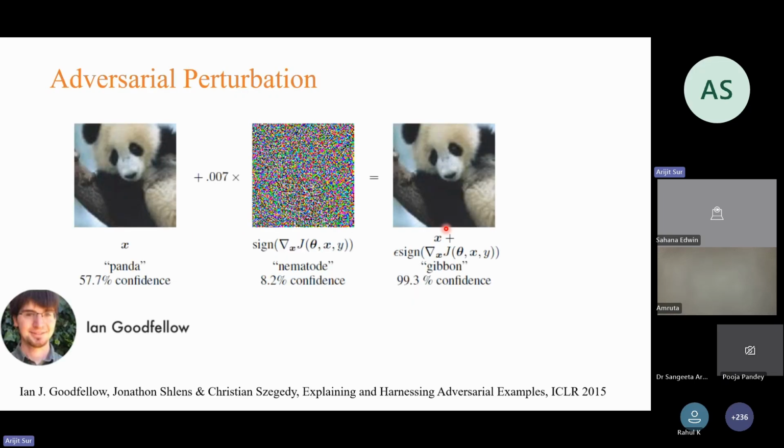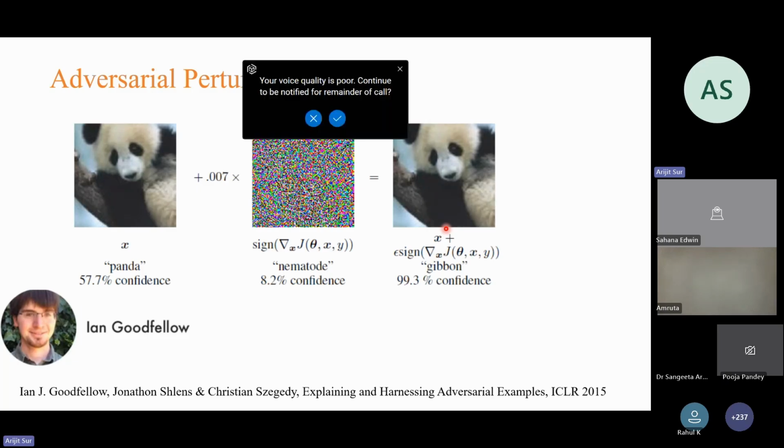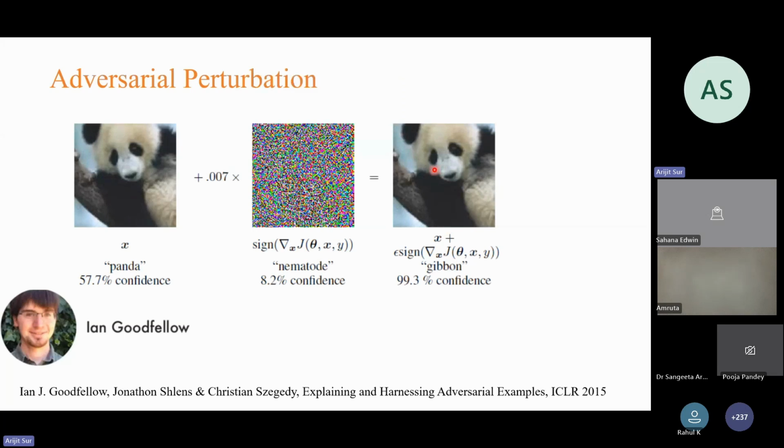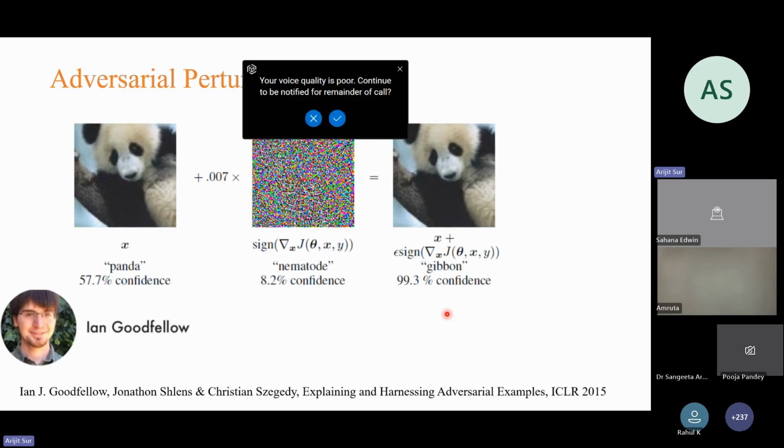Now we come to the exact topic of today: what we actually mean by adversarial perturbation. Adversarial perturbation is a kind of attack that basically harms this machine learning model, as well as deep learning.